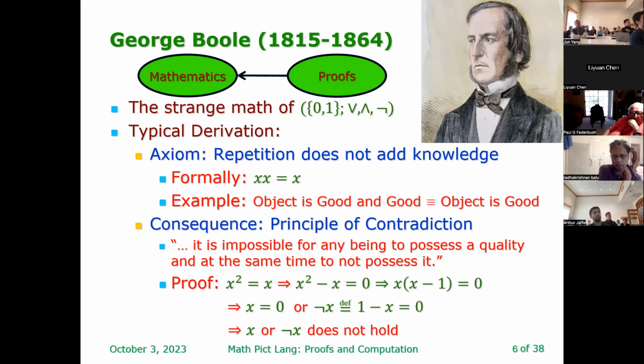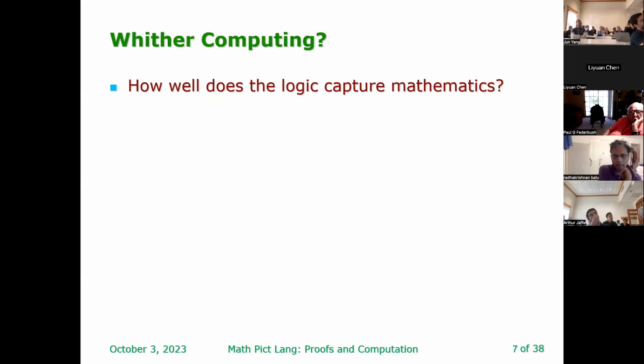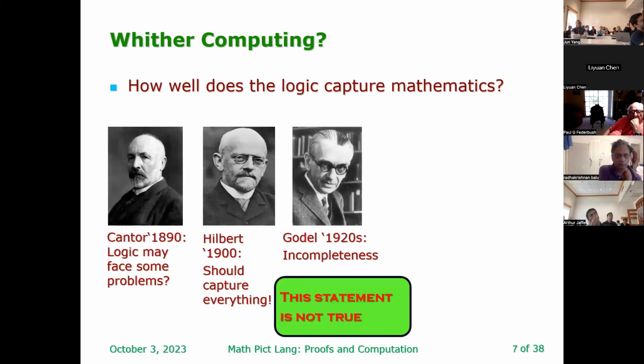Okay, so it's very interesting. So now we started talking about how mathematics can capture proofs. And this has roughly led to a very rich sequence of interactions, a very remarkable period.